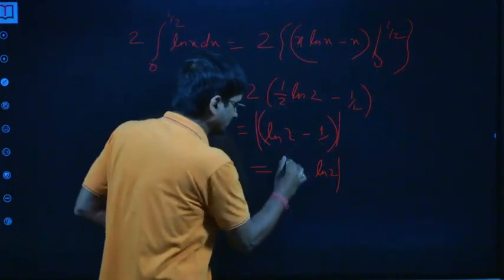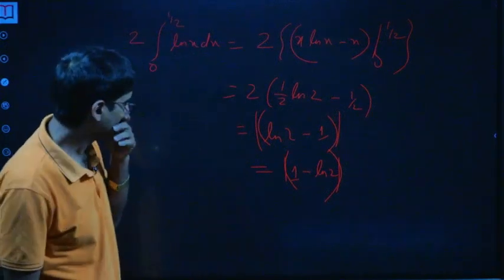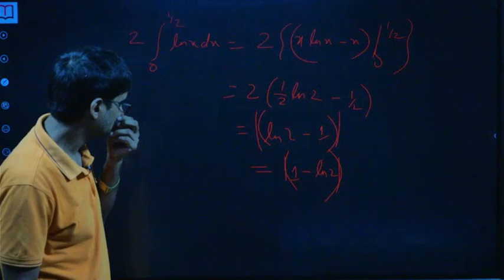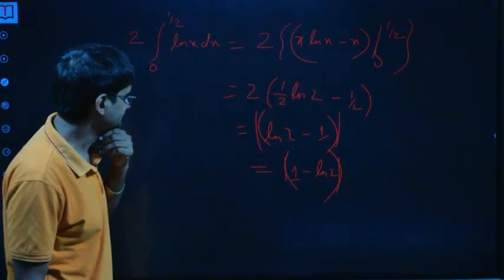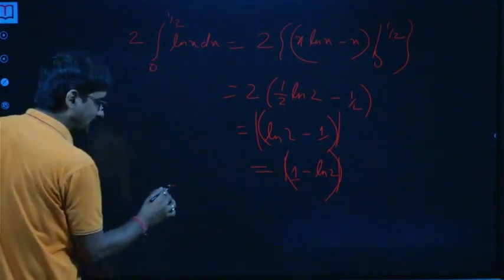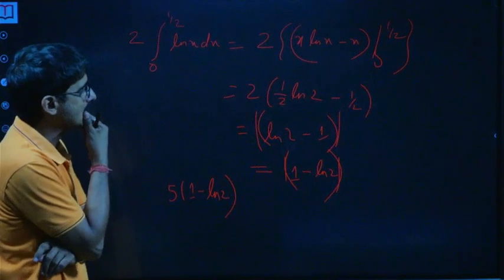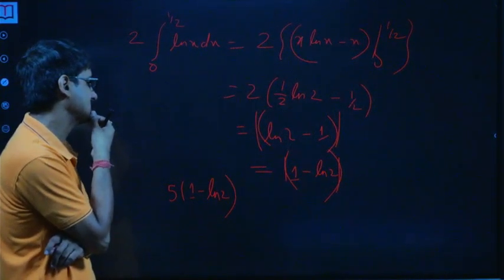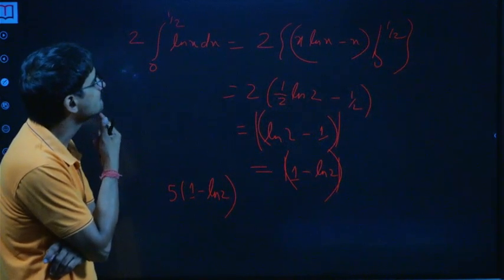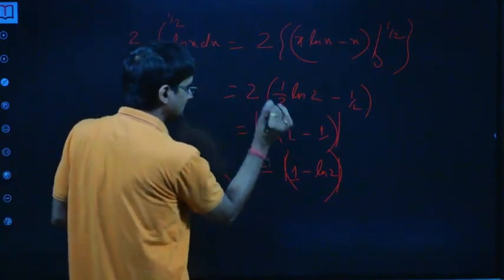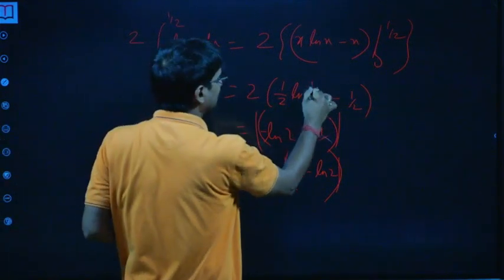Okay, so why? Because see, 1 is greater than ln 2. ln 2 is negative. Right. So in any case, everything got positive, no? So if I take it 5 times, 5 times 1 minus ln 2, it's ln half, minus ln 2. Yeah, it's ln half, it's not fine.